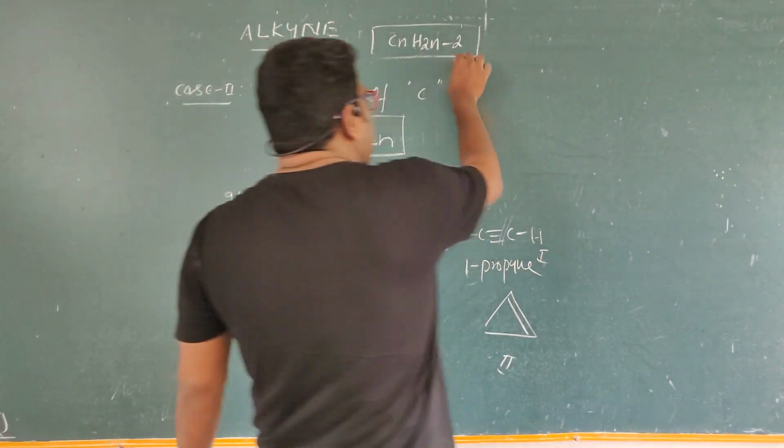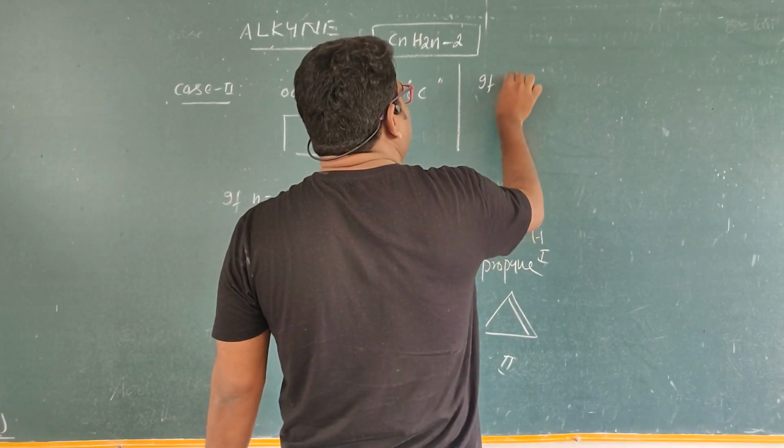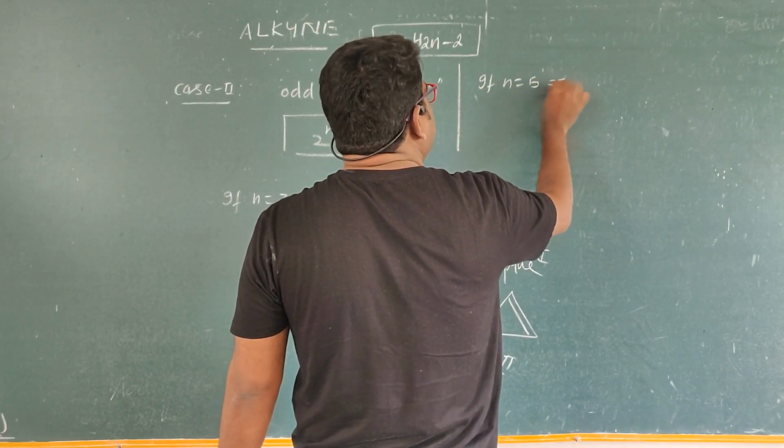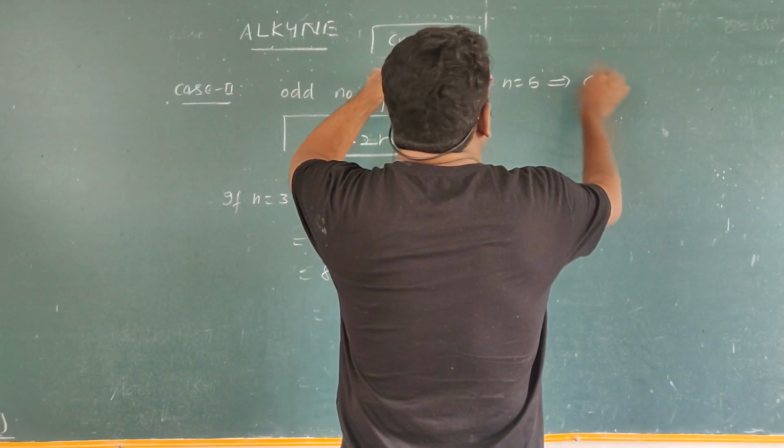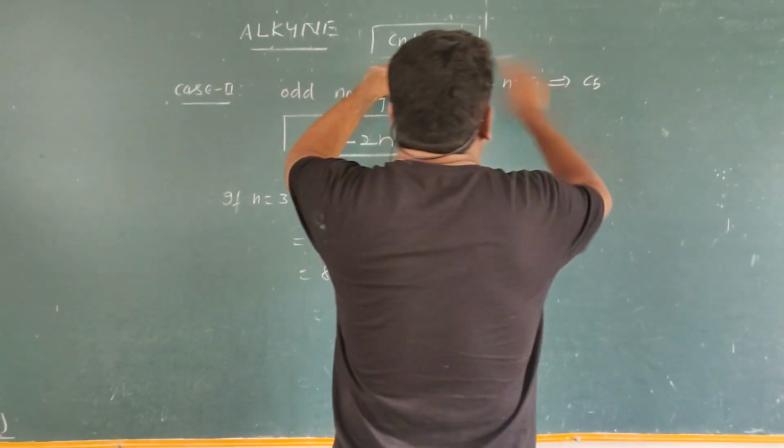For example, if n is equal to 5, first of all, what is the molecular formula? C5H8 is the molecular formula.